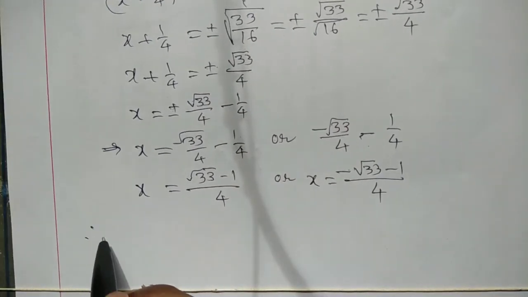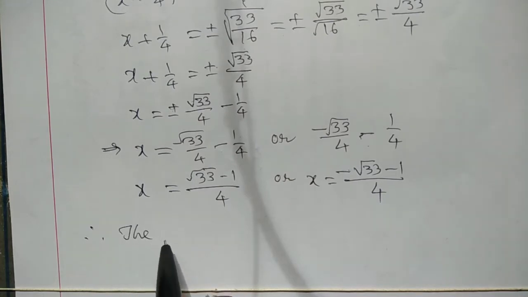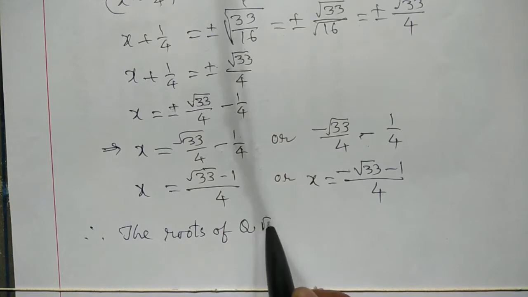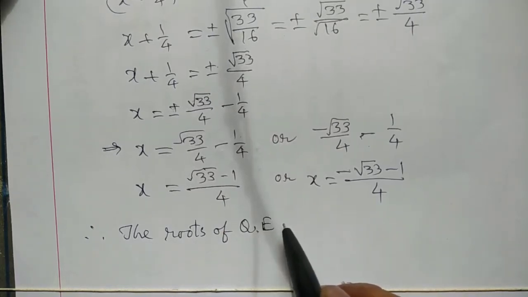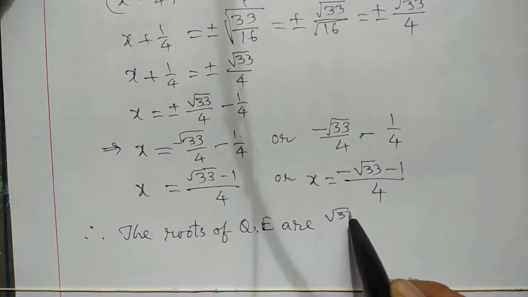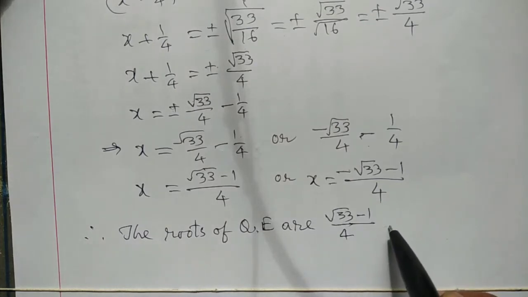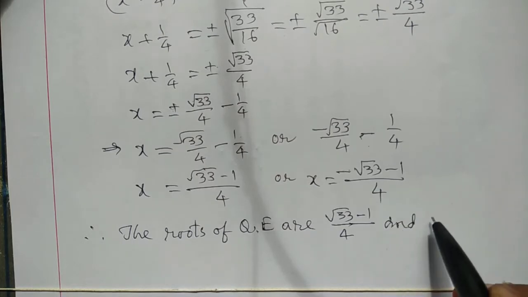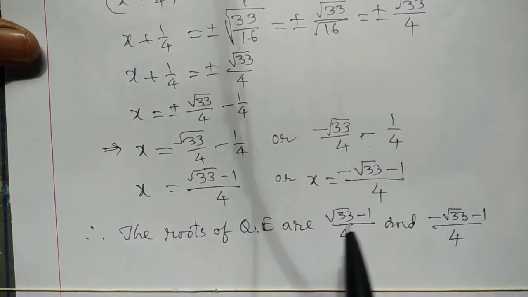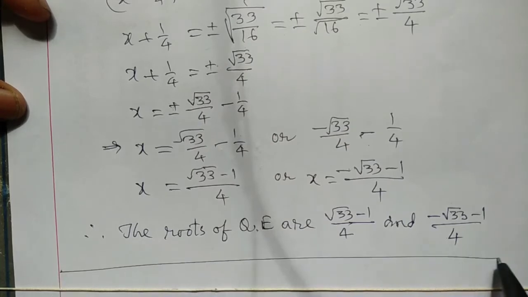Therefore, the roots of the given quadratic equation are (√33 − 1)/4 and (−√33 − 1)/4. These are the two answers.